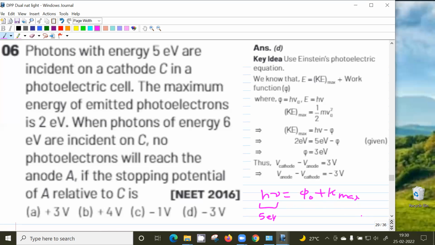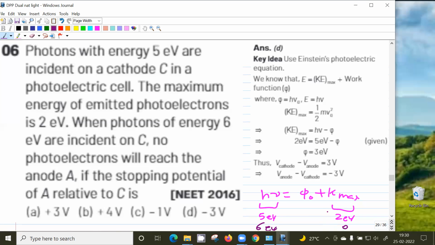Three volts, sir. Second stopping potential. These are the two data, right? The first case, this is 5 electron volts, so this thing is 2. In the second case, it's 6 electron volts, this is 0.